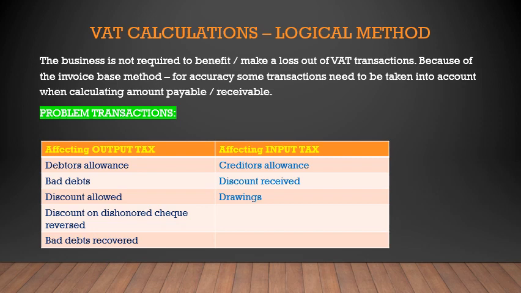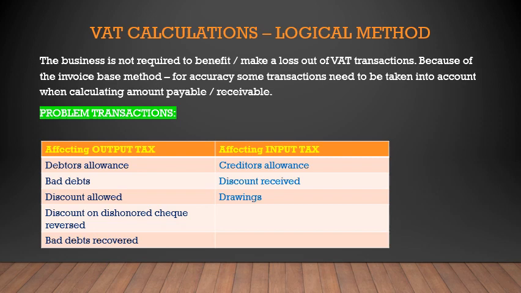These are the reasons why we need to adjust. If there were only sales and purchases, there would be no need to calculate, because we know everything that we have sold, it is output tax. Everything that we have bought, it is input. But there are some transactions which result in adjustments to be made. Otherwise, we would make a loss out of VAT transactions.